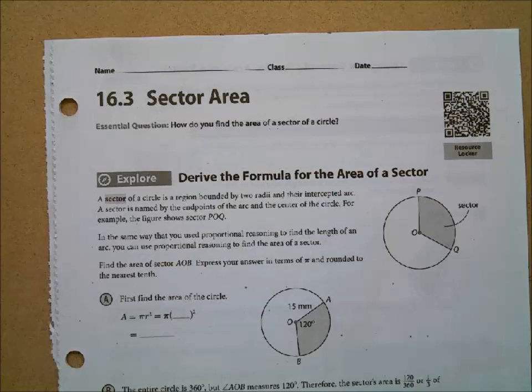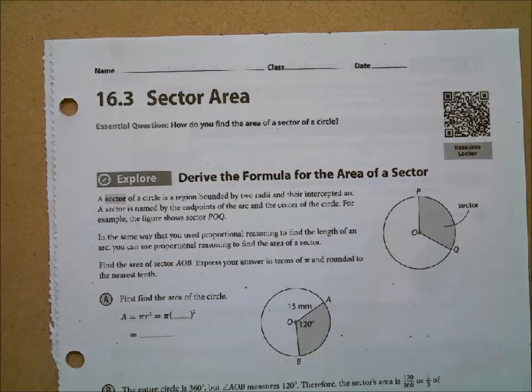It's about 235.6, so I'm going to do a squiggly equals there for 235.6 millimeters squared. So the area of sector AOB is 75 pi millimeters squared, or 235.6 millimeters squared. That's all there is to it. Nothing too crazy there.